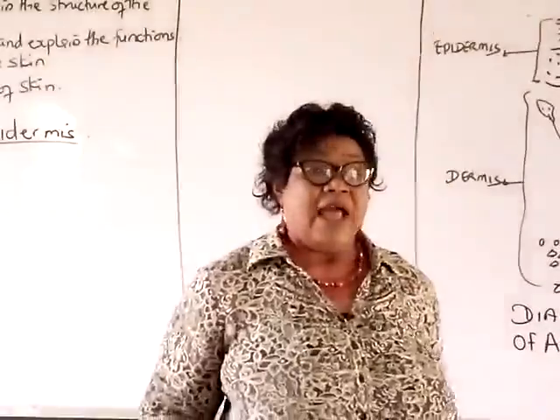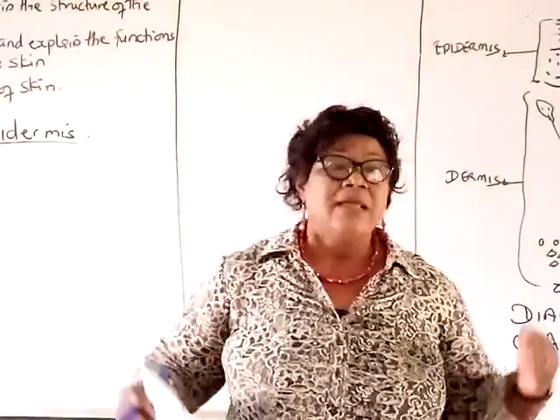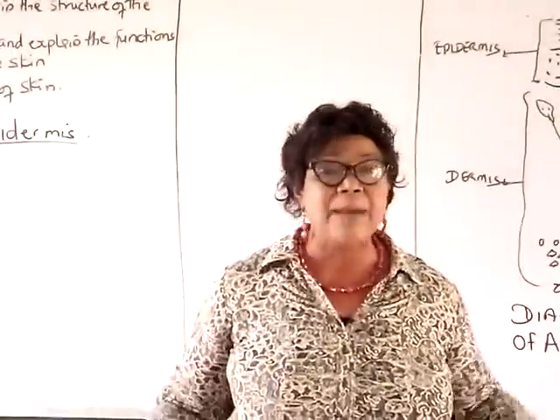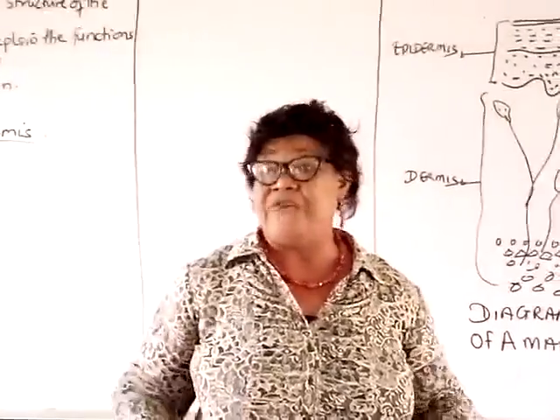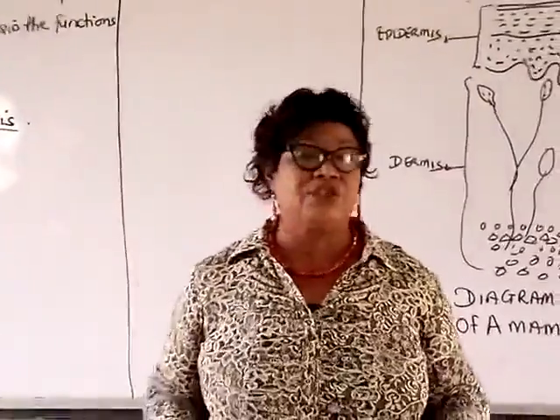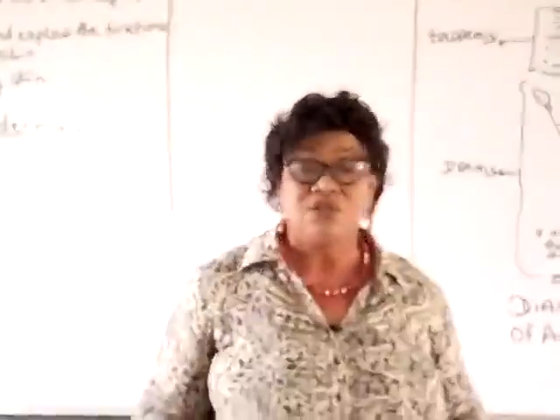I repeat myself: the epidermis is the outer part of the skin, giving an external coverage, protecting the inner part of the skin, but it varies in thickness, and this variation is a result of the areas constantly exposed to pressure.